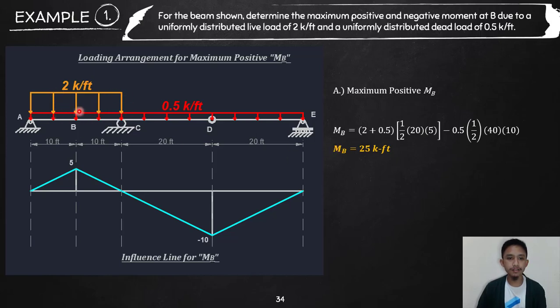Since they have the same coverage, we can add them: 0.5 plus 2, a total intensity of 2.5. Then multiply that with the area of your diagram below that loading, which is a triangular shape, so the area is 1/2 base times height. So 1/2, the base is 20, 10 feet to each side, and the height is 5. That is for the portion A to C.